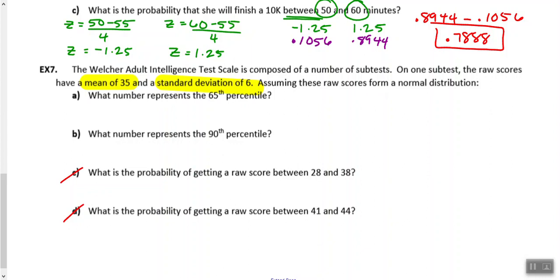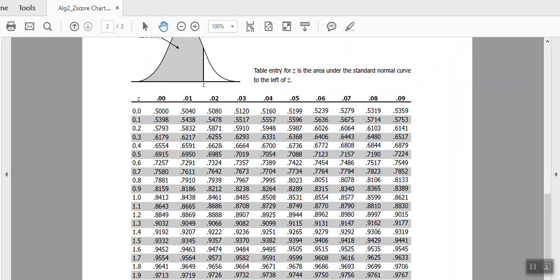So I know that whatever this value is, it falls within the 65th percentile. So 65%, and if I change that to a decimal, it would be 0.65. So I have my probability of 0.65, which means I can go to my z-score chart.